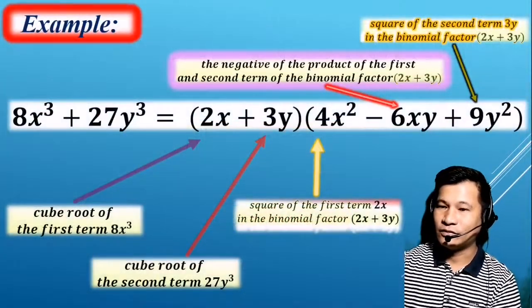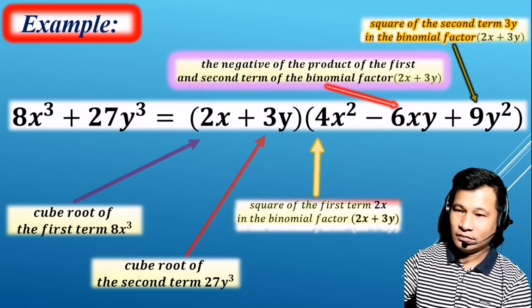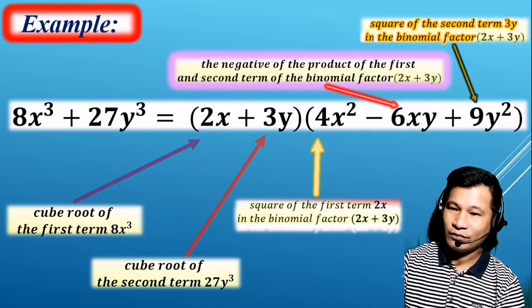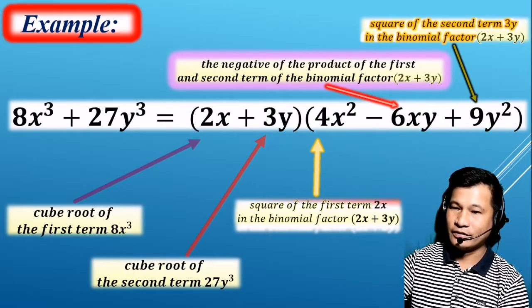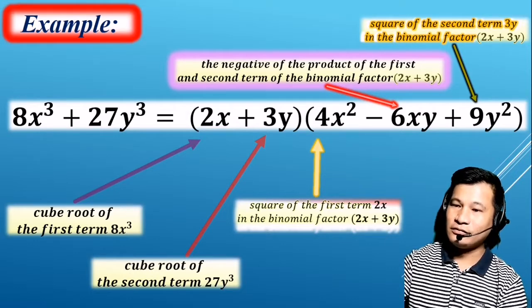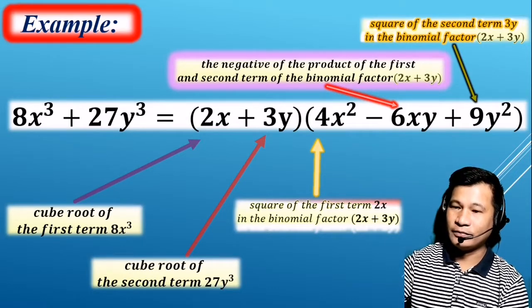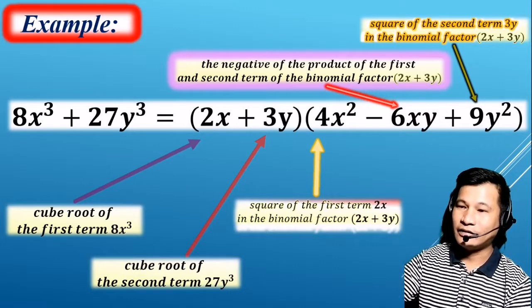Next example, we have 8x cubed plus 27y cubed. So the same step, we have to get the cube root of the first term 8x cubed, that is 2x, and then get the cube root of the second term 27y cubed, and that is 3y.